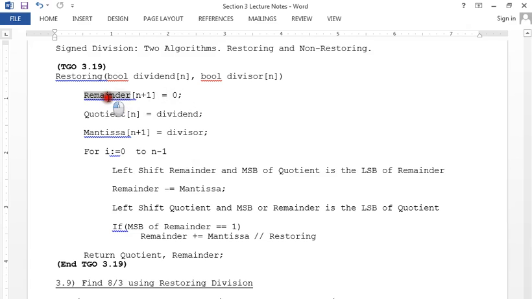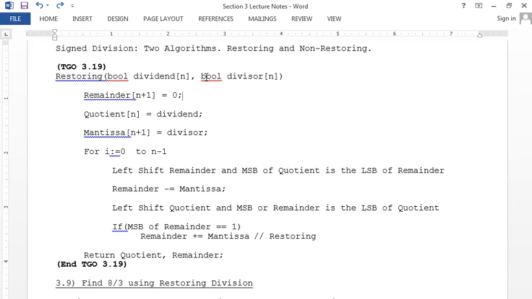Here's how we do this. We're going to have a quotient and remainder. So if you recall from basic math, we did 8 divided by 3. This is equal to 2, remainder 2, right? So our dividend is 8.